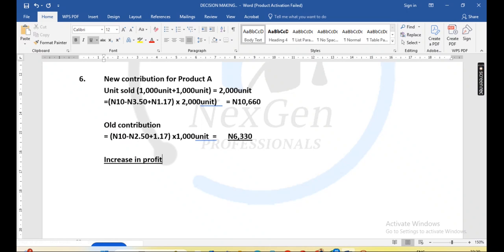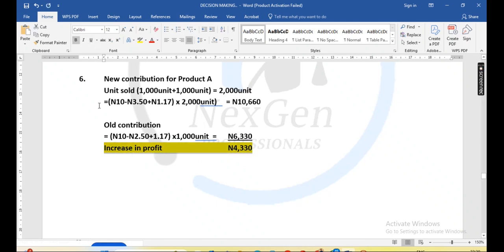The difference is 4,330. All right, this will be the end of discontinued operation, as well as anything that has to do with short-term decision.